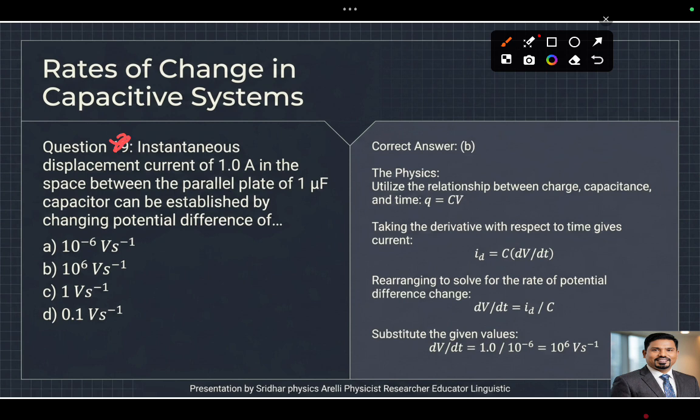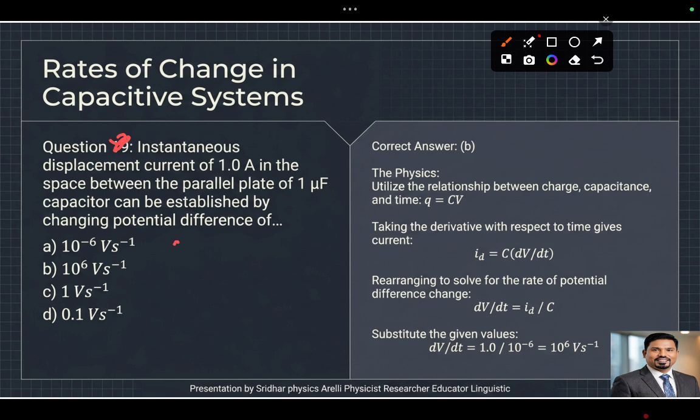An instantaneous displacement current of 1 ampere in the space between parallel plates of a 1 microfarad capacitor can be established by changing the potential difference at what rate? First, let us consider the relation between charge and capacitance.